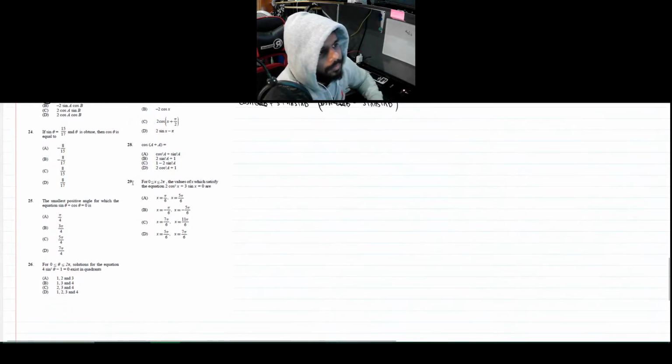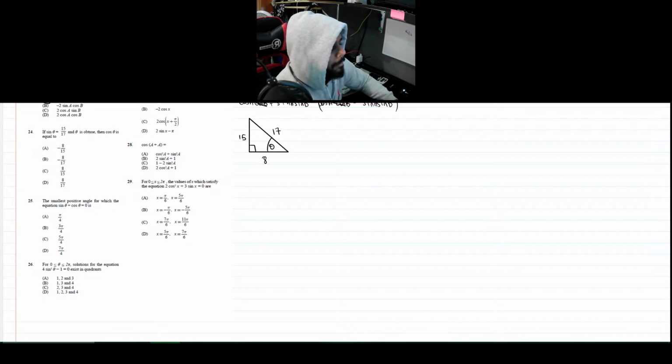Alright, number 24. Sin theta is that and theta is obtuse. Alright, so draw a triangle, sorry. This theta. Sin theta is opposite over hypotenuse. Just looking like another Pythagorean triplet. You get 8 here.